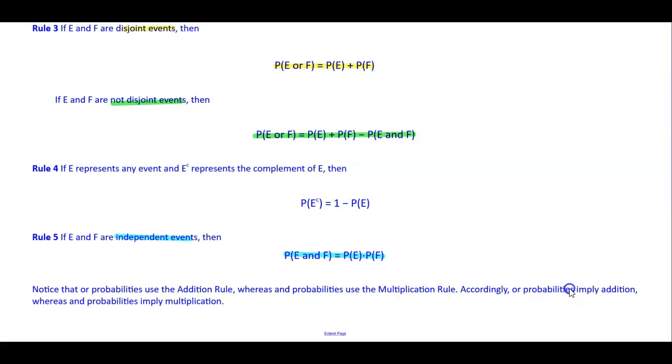Accordingly, OR probabilities imply addition, whereas AND probabilities imply multiplication.